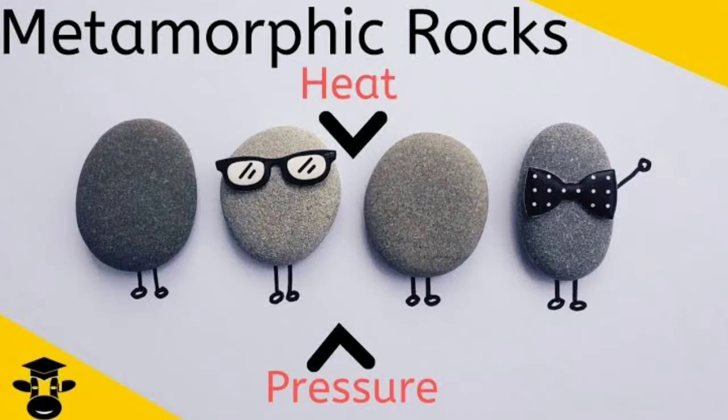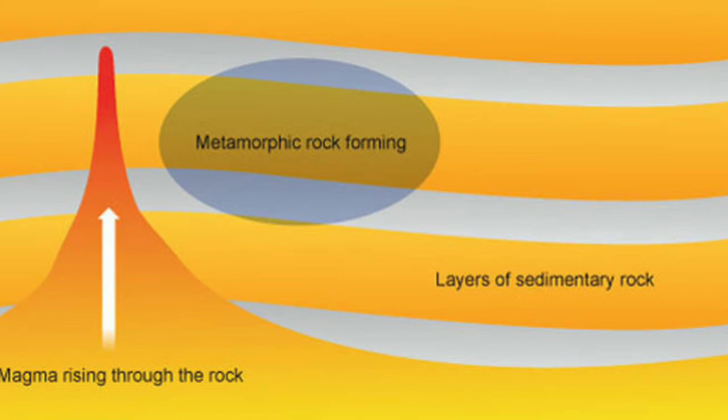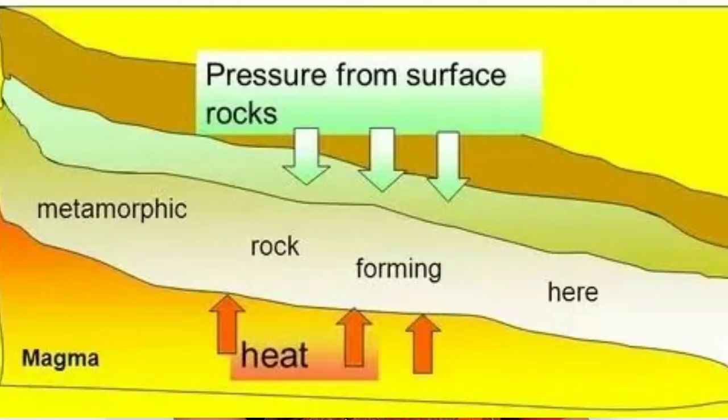Next we are going to study metamorphic rocks. The word metamorphic is taken from the word metamorphosis, which means change in form. Metamorphic rocks are formed by a change in the form of igneous rocks or sedimentary rocks. When igneous or sedimentary rocks are transformed due to excess heat and pressure, they result in the formation of metamorphic rocks.